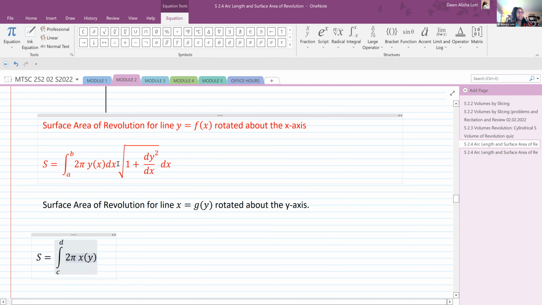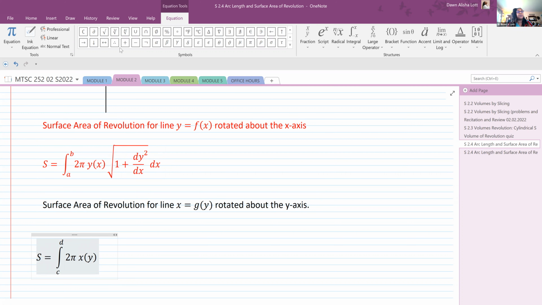And get this dx out of there. That doesn't belong there either. Thank you. All right, then I'm going to get the square root just like before, but this time I'm going to have 1 plus dx/dy.